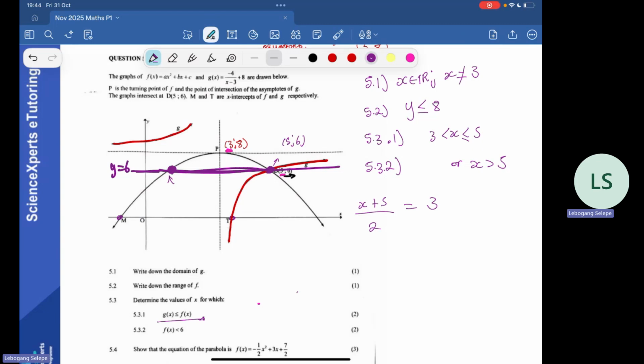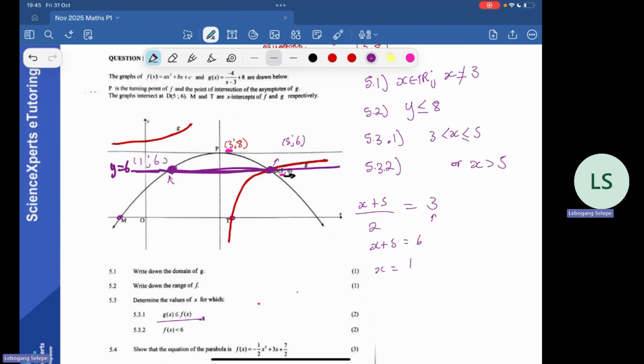This is the midpoint formula, where 3 is the x at midpoint, where x now is the unknown value of xc, right? So I can cross multiply. I would have x plus 5 equals 6. Then x would be 6 minus 5, x would be 1, right? So the x coordinate here is 1 and the y coordinate is 6.